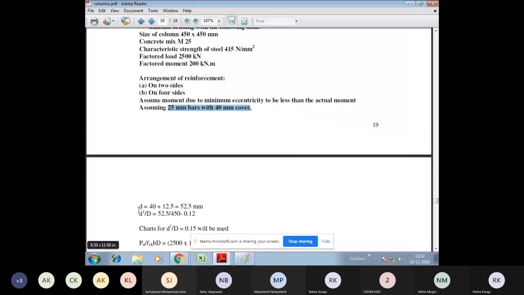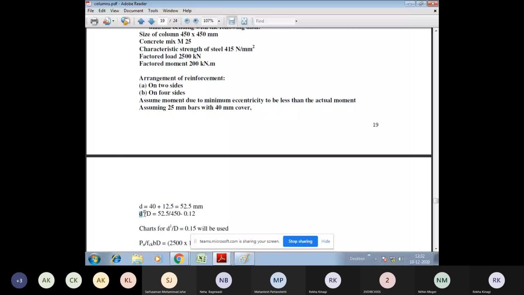Now we need to find out the value of D dash. Here 40 mm cover is given. So the value of D dash is nothing but 40 mm plus 12.5, that is half of the diameter, which is equal to 52.5 mm.